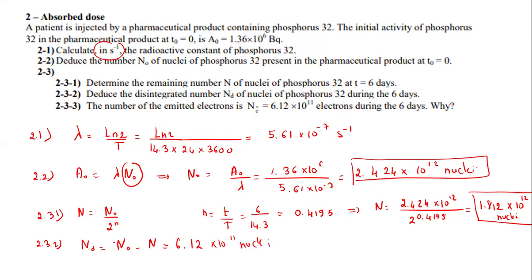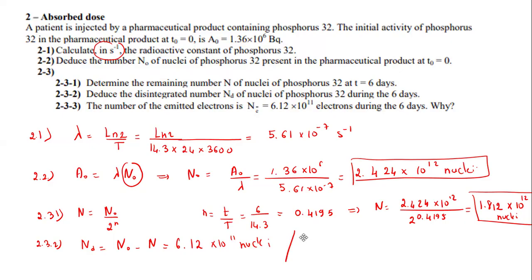This many nuclei disintegrated, and when they disintegrated they turned into sulfur. So the question could have been not the number that disintegrated of phosphorus, but it can be deduced the number of sulfur formed during the 6 days. It will be the same question.